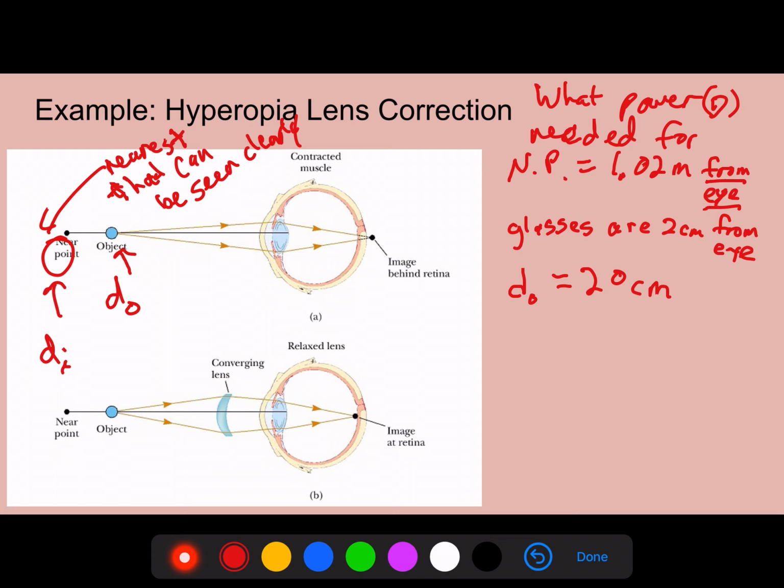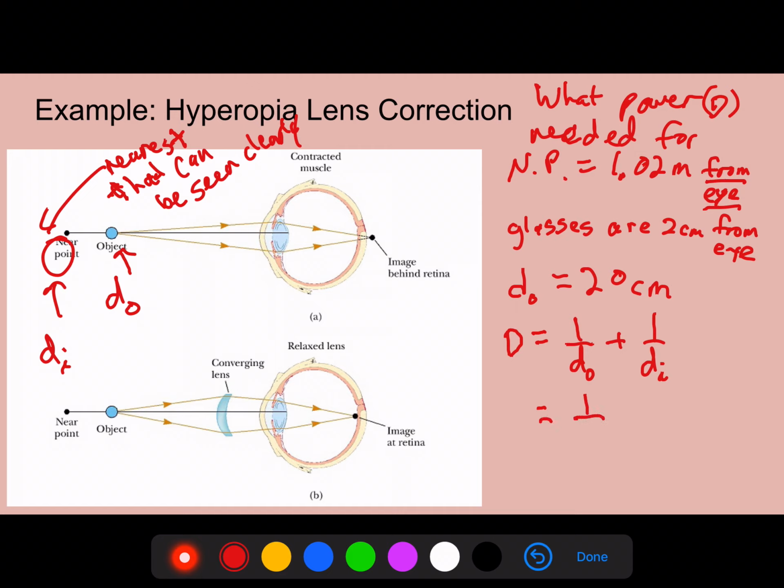Okay, so based on the equation that we had on the previous slide, we want 1 over the DO plus 1 over the DI. Okay, and we are going to assign 20 centimeters to the object distance, and to the image distance, we're going to subtract that 2 centimeters off so that we end up with just 1 meter, and we are then subtracting this from here because of our sign conventions.